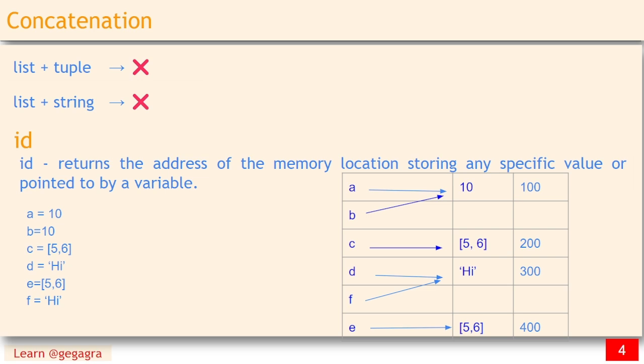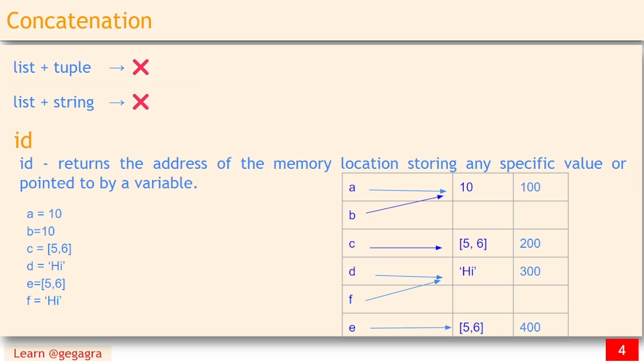And integers are immutable. If we print the address IDs of these, 100, 200, 300, 400 are the IDs basically. If we print id of a, it will print 100. If we print id of b, it will print 100. If we print id of c, it will print 200. And if we print the id of e, it will print 400, which is different from the id of c.